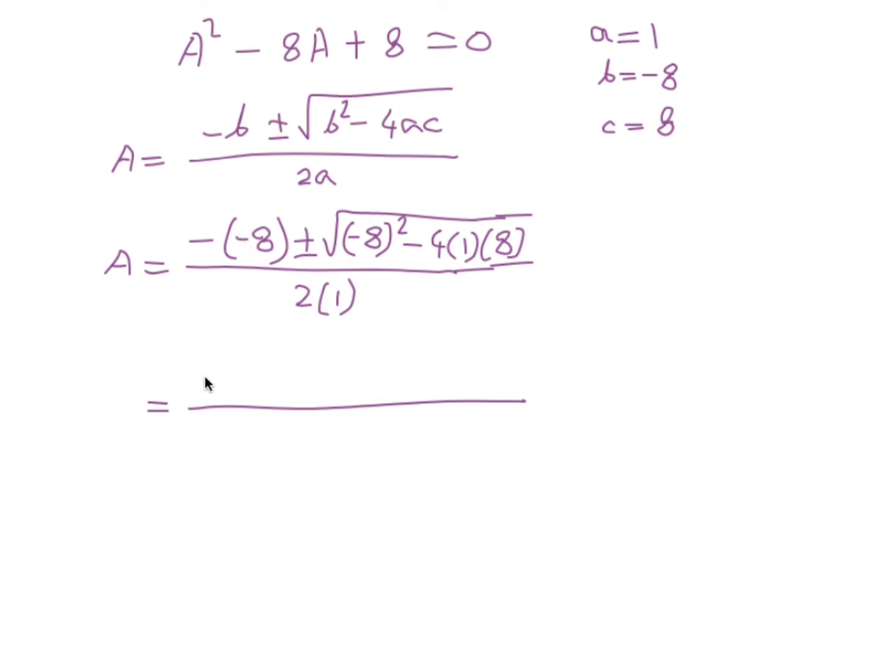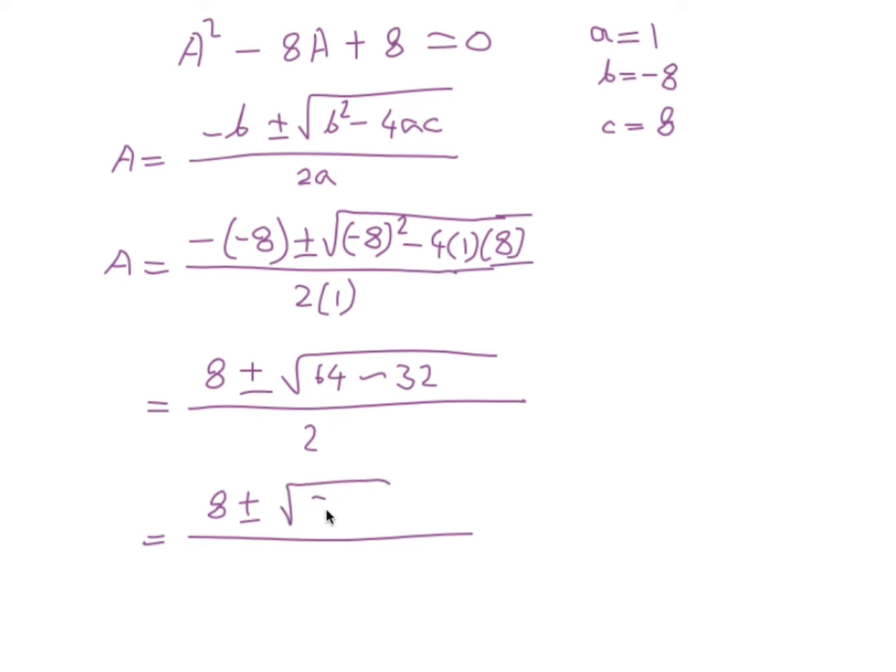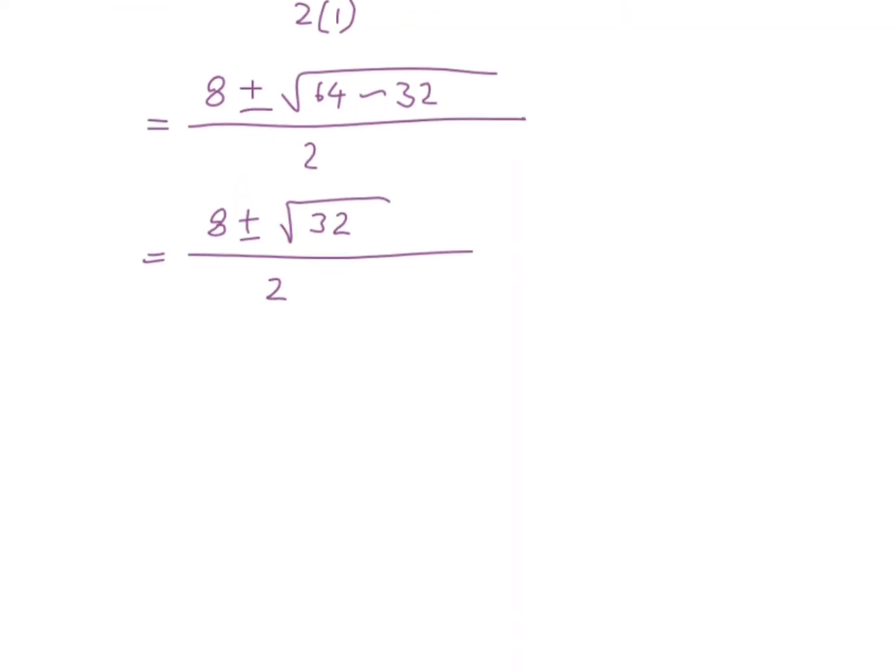Minus multiplied with minus 8 becomes positive. Minus 8 square is 64, and 4 times 1 times 8 is 32, so minus 32, and 2 times 1 is 2. Now 8 plus minus square root of 64 minus 32, that is 32, divided by 2.